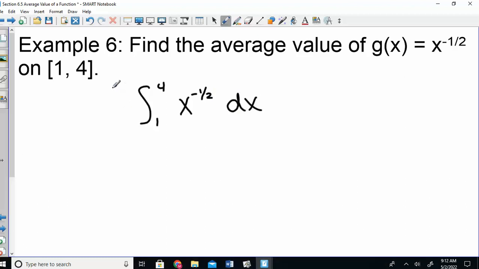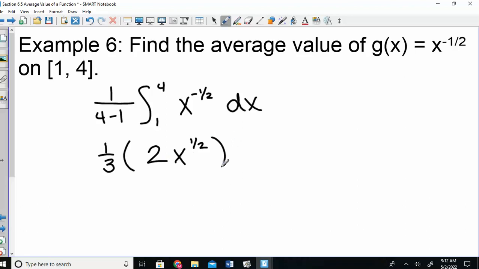And what goes in front? 1/3. Negative 1/2 plus 1, you add 1 to the power, you get a positive 1/2, so that means you need a 2 in front. 4 to the 1/2 just means the square root of 4.